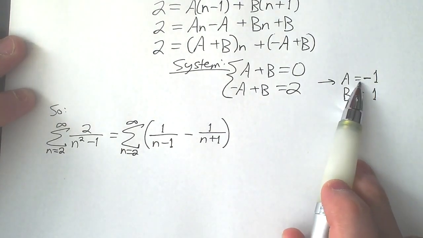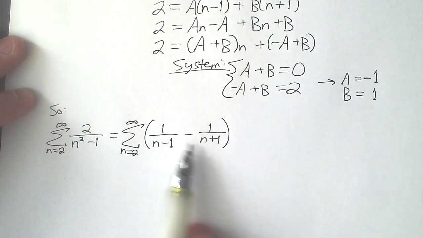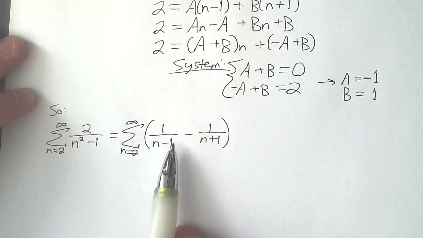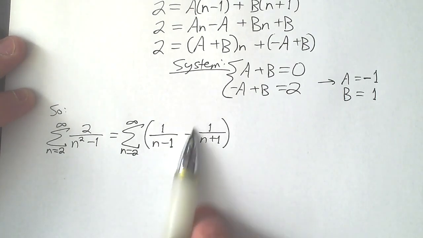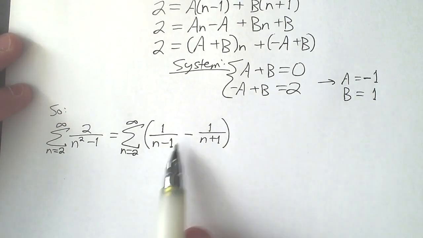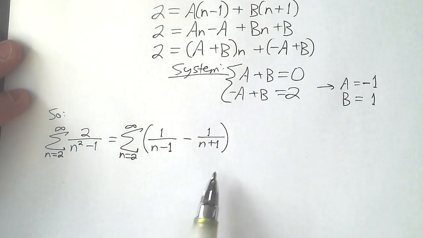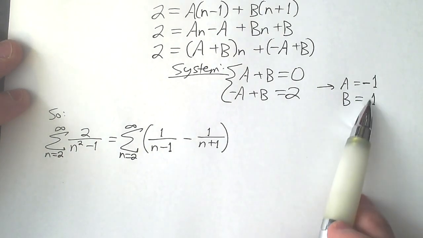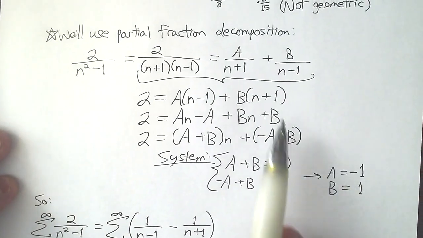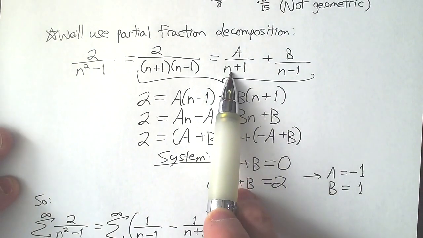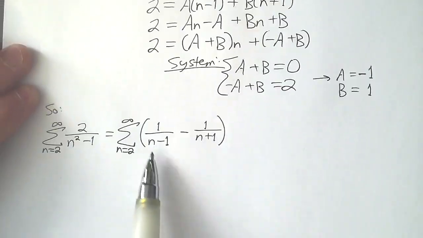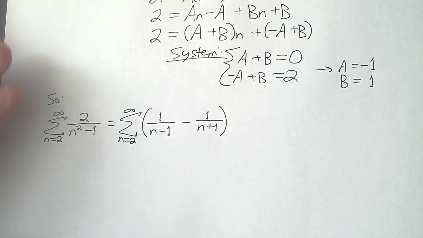Because one of these was negative and one of them was positive, I swapped the order around so that the positive one was first and the negative one was second. I just thought that would be a nice thing to do. But you could look at how we wrote it above. I wrote it with the n plus 1 first, but then here I swapped the order to put the positive one first.